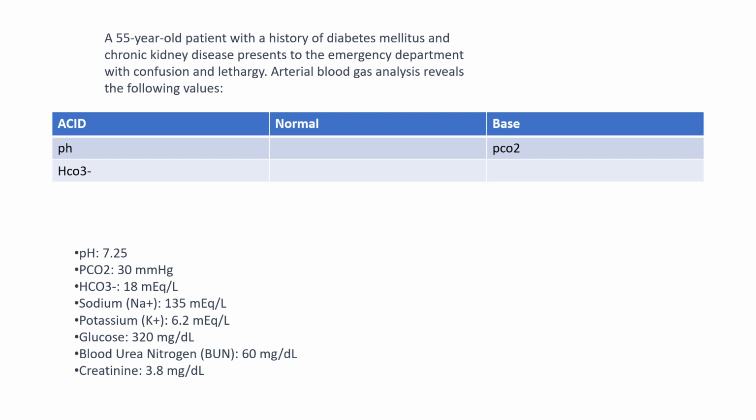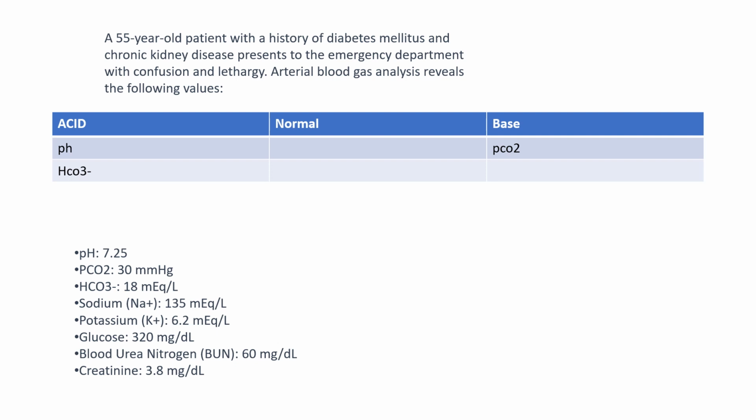Recall that the normal pH is between 7.35 to 7.45. This pH falls under the acidotic pH, that is, less than 7.35. So this comes under acid.